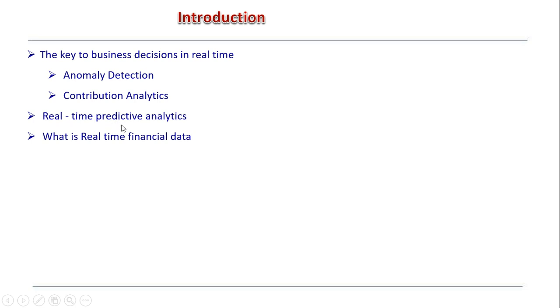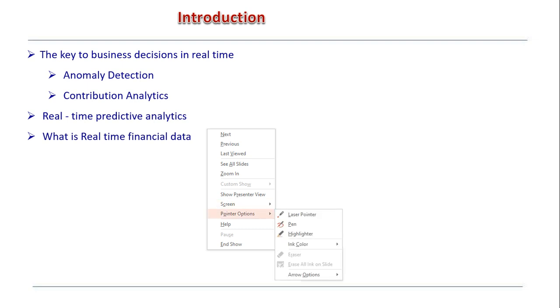Real-time predictive analytics. What is real-time predictive analytics? An aggregated predictive model is deployed for runtime prediction on continuous streaming data, leading to real-time powerful decisions.